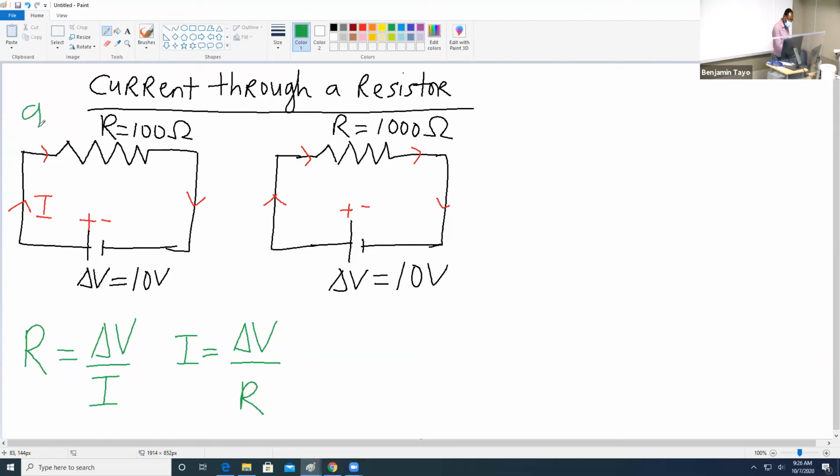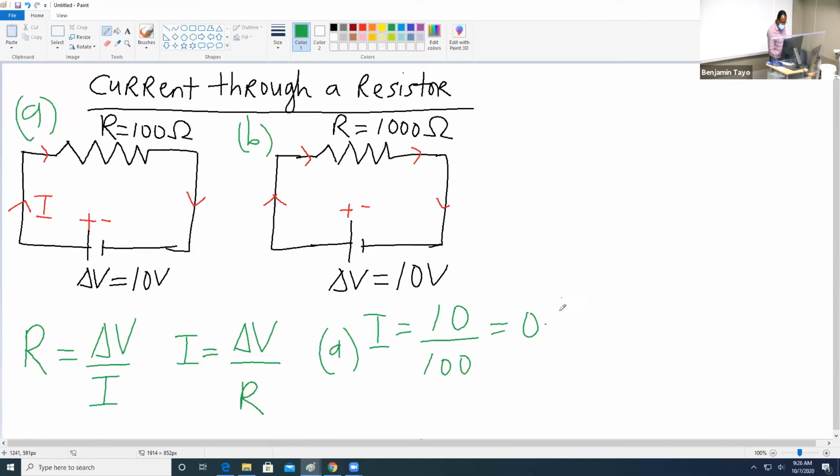Solving this equation, I get I equals delta V divided by R. So if this is part A and this is part B, for part A I can calculate my current as my delta V, which is 10, divided by R. And this will just be 0.1 amps. The current is measured in amps. For part B, I take the value of the voltage and divide that by the value of the resistance. So this would be 0.01 amps.